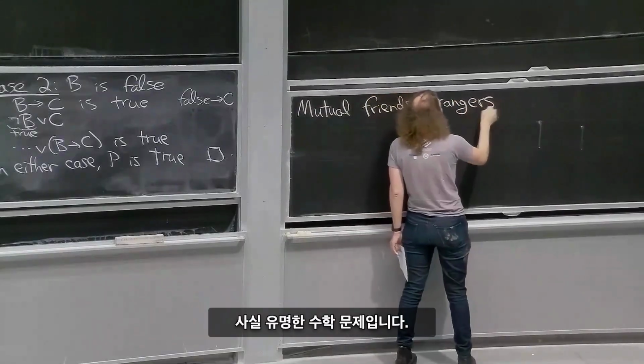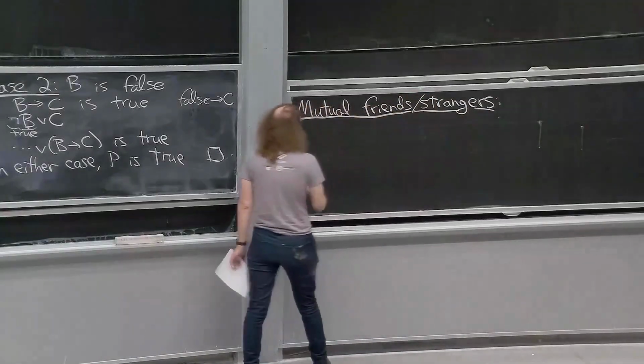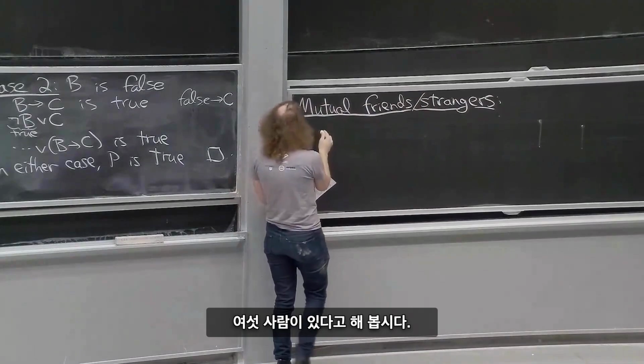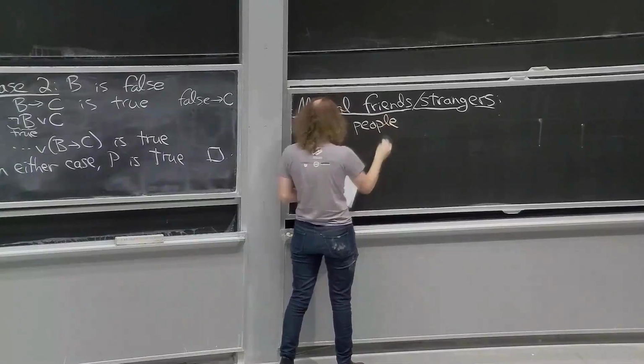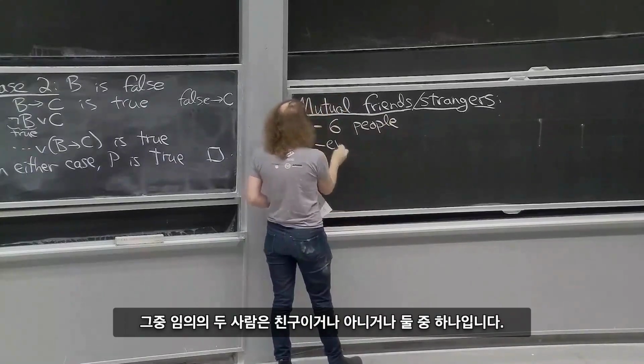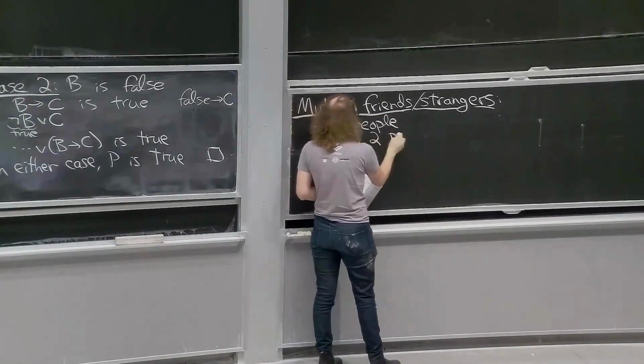This is actually a famous mathematical problem. We're going to solve today a particular case of it, which is, suppose you have 6 people, and every 2 of them are either friends or not.